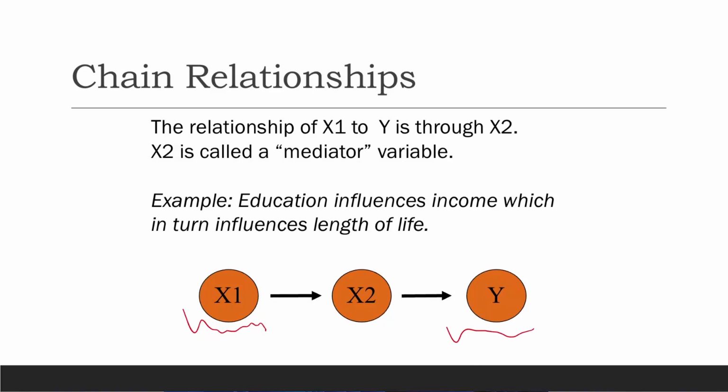If you think of x2 not even being involved in this equation, then education is causing varying lengths of life. That is, variation in education causes varying lengths of life. And in fact, we do indeed observe that to be the case, that more educated individuals tend to, on average, have longer lives than less educated individuals.